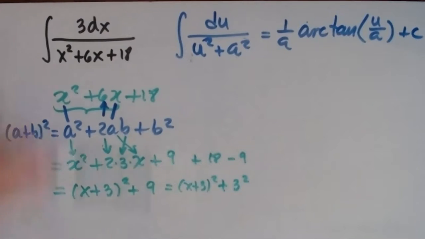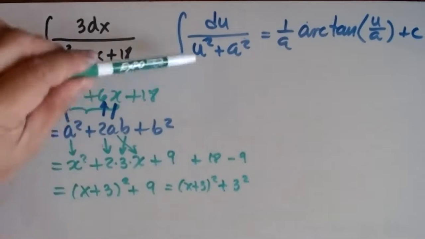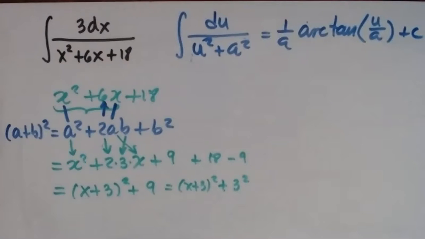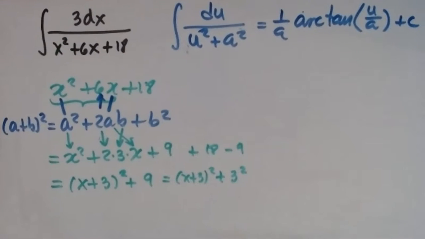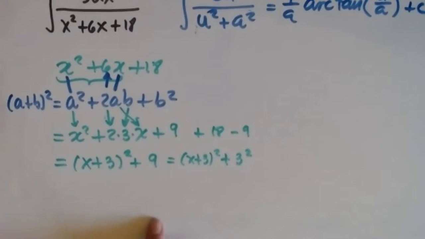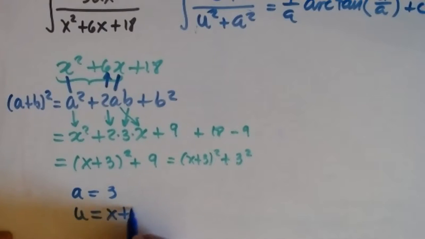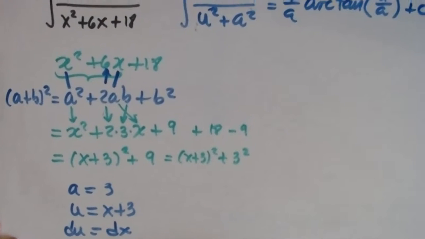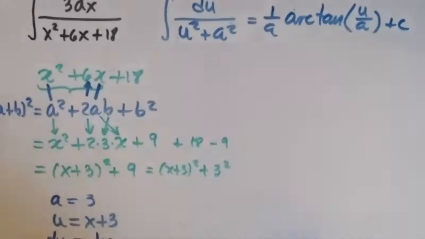So now you saw that you match this denominator with the addition of 2 squares, correct? So my solution is going to be very simple. Once I did all this, my a is 3, my u is x plus 3, and the du is the derivative of this, that is a 1 times dx. So I know the answer, right?